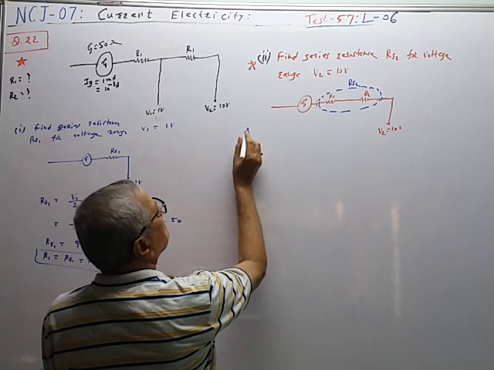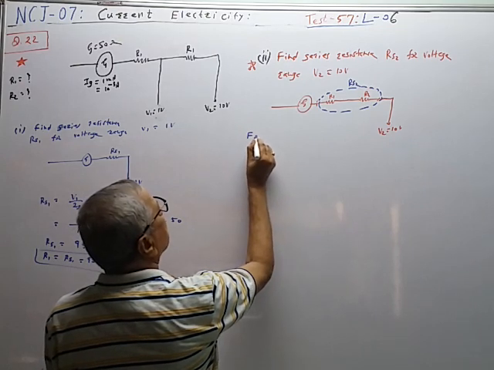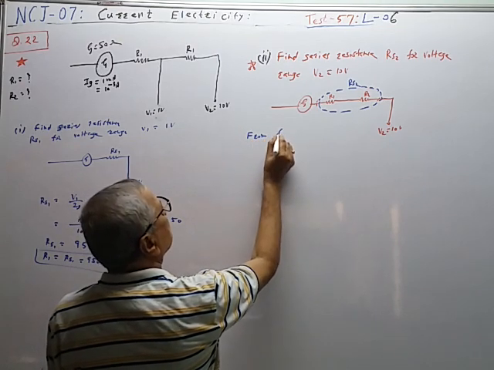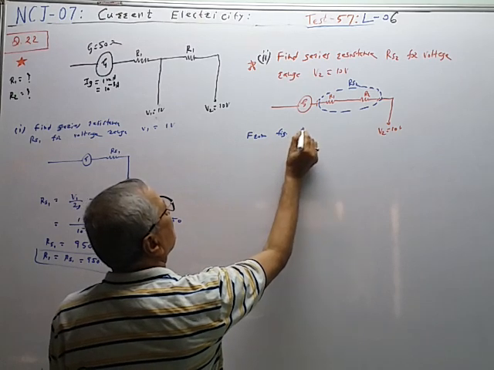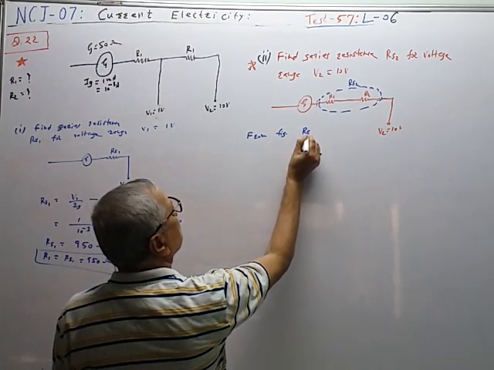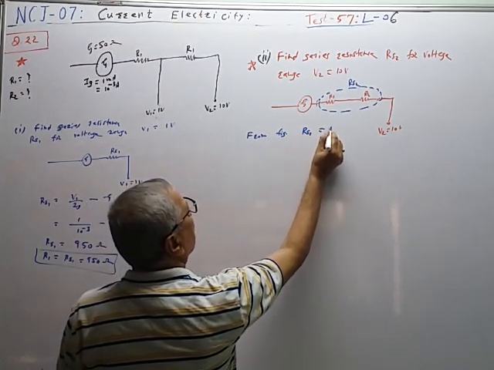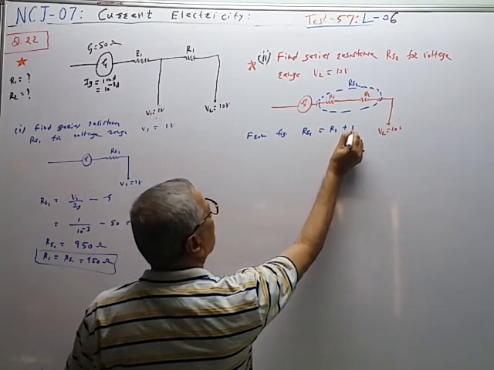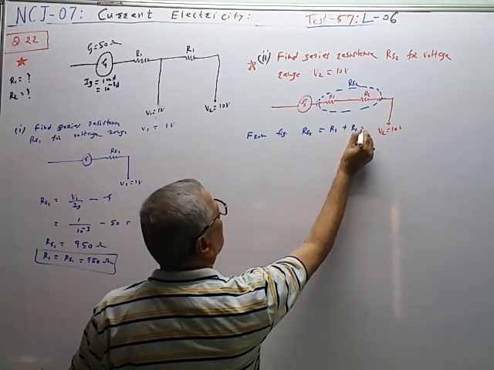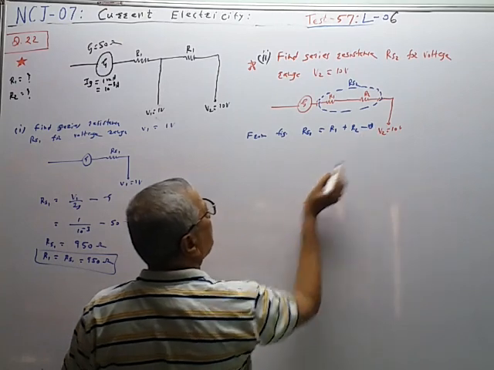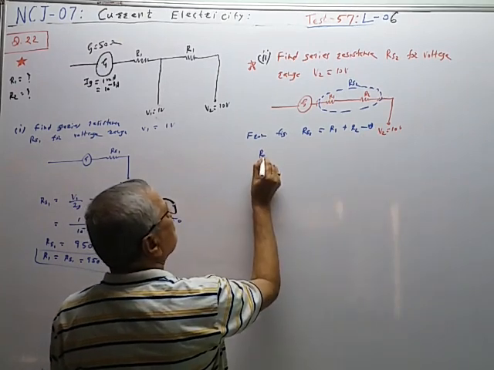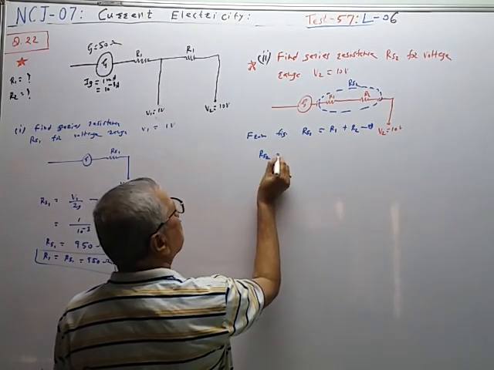So from figure, RS2 is equal to R1 plus R2. We already know R1, we have to find R2. So this is equation A. So RS2 by using the equation of voltmeter.